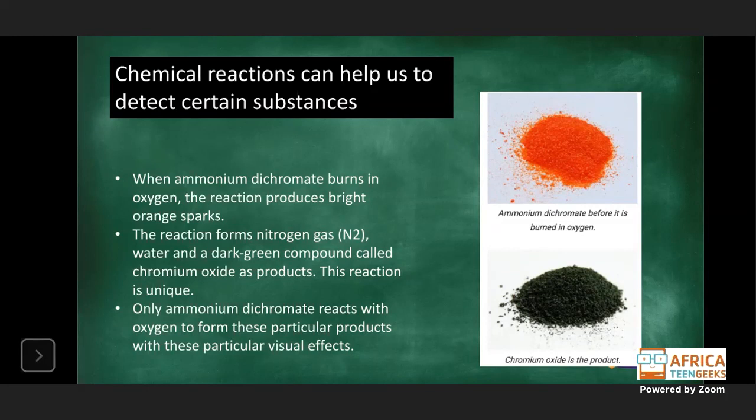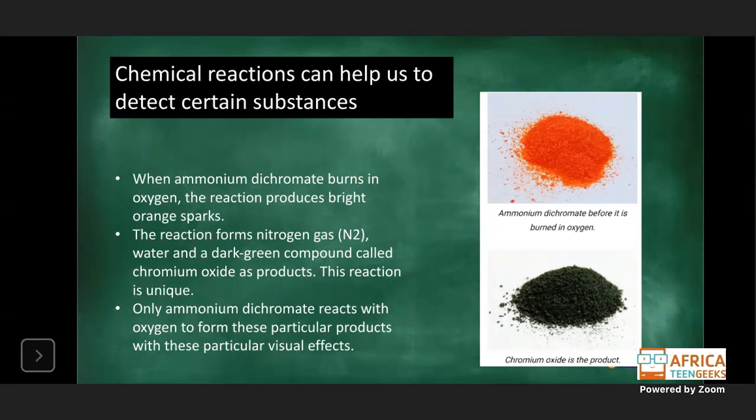And then we have reactants, which are usually found on the left-hand side of our arrow, and our products, which are usually found on the right-hand side of our arrow. Okay, and guys, remember again, the reactants are the substances used in order for the chemical reaction to take place, and the products are the substances produced by the chemical reaction.